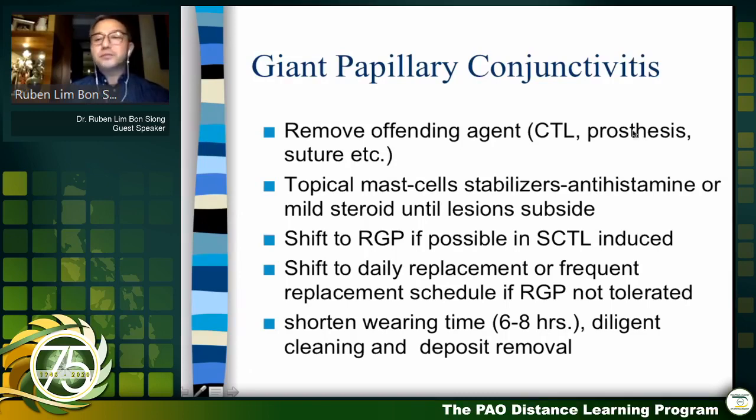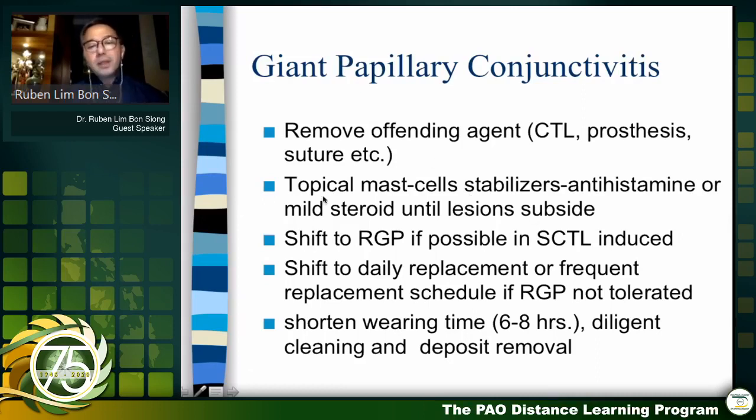Because you have to make them stop using the contact lens. They might have to change their prosthesis, or you have to remove a suture. We usually start them on antihistamine mast cell stabilizers, or even mild steroids, until those lesions subside. Even if you don't give anything, as long as you remove the offending agent, usually in time the problem will resolve.